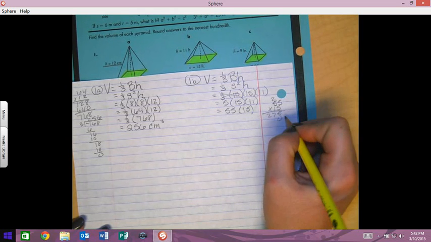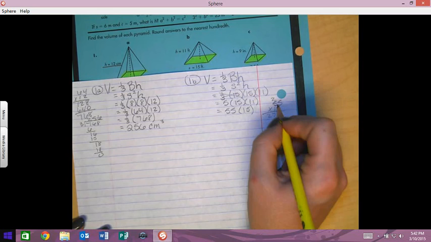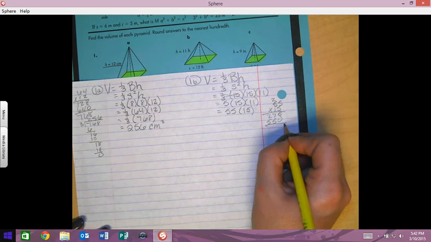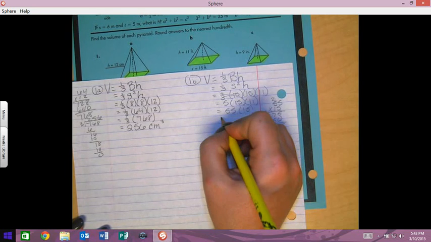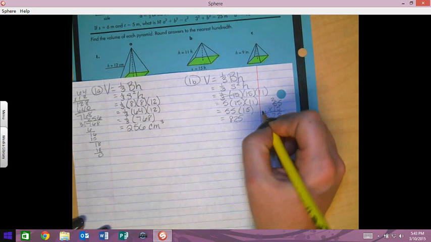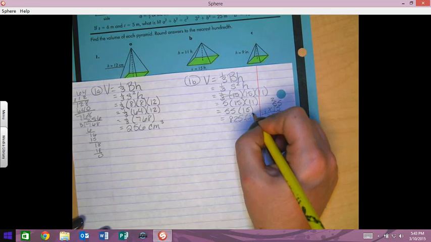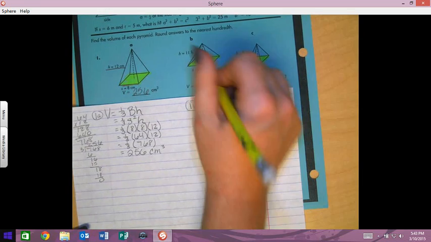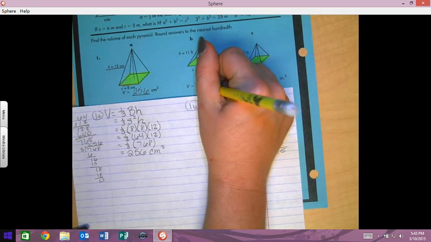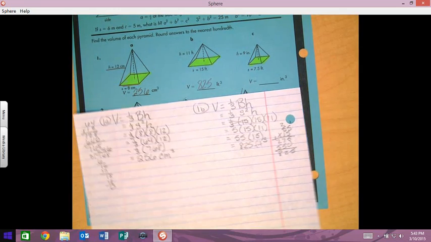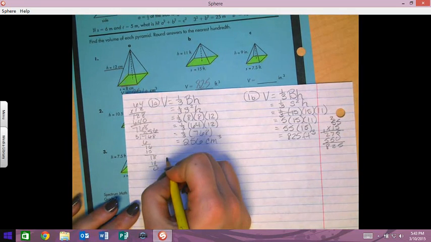Bring down my 0. 1 times 5 is 5. 1 times 5 is 5. So we have 5, 12, and 8. Our final answer is going to be 825 cubic feet.